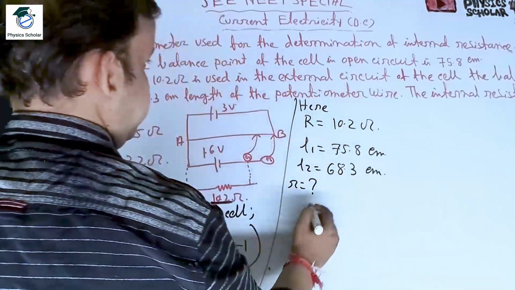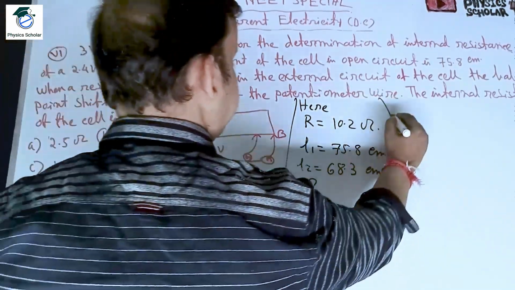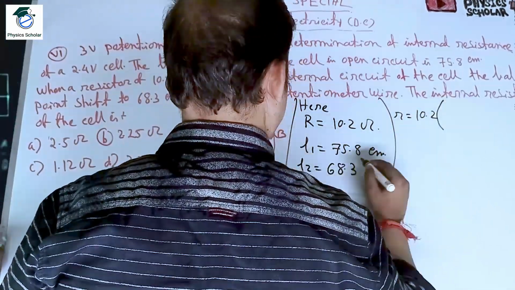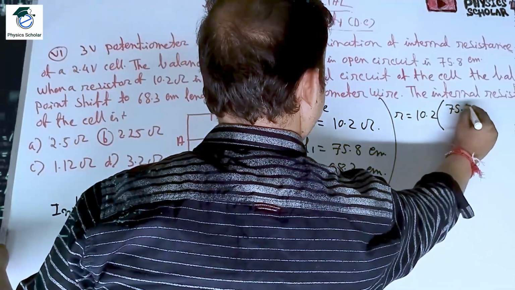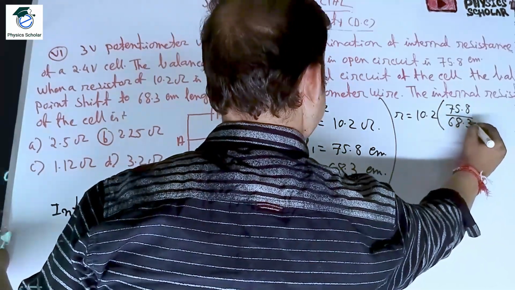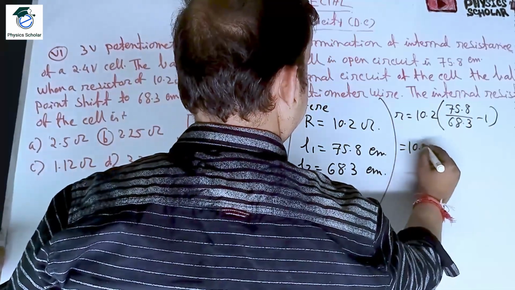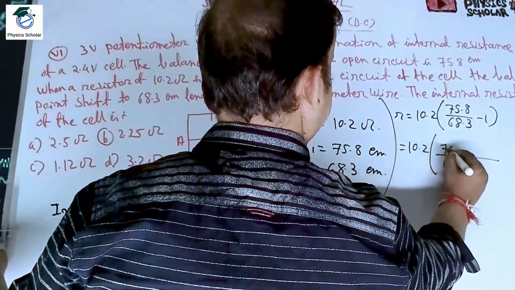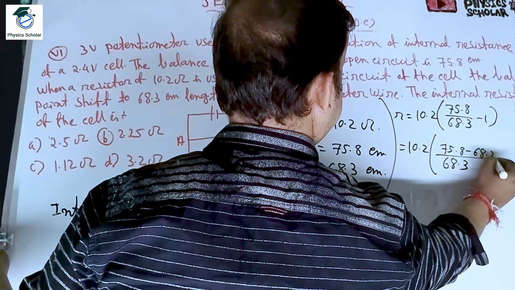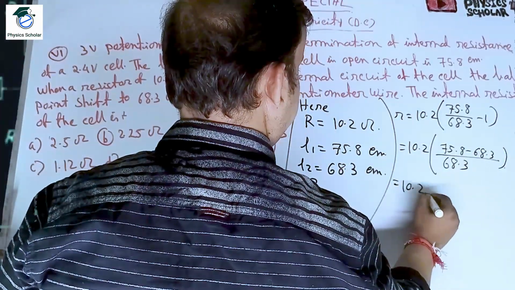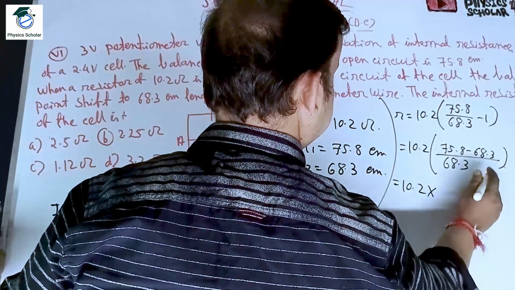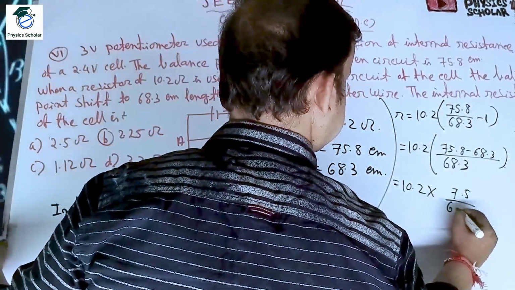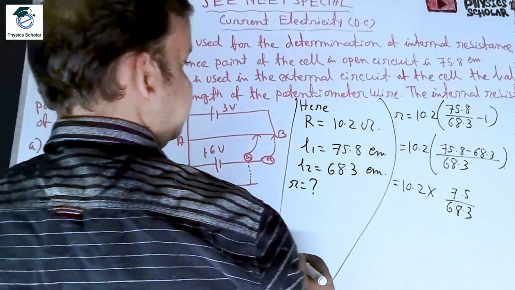So very easy. Small r is equal to capital R, 10.2, into L1 by L2 minus 1, that is 75.8 by 68.3 minus 1. So 68.3 will be the LCM. Then 75.8 minus 68.3, that is 7.5 by 68.3. So 10.2 into 7.5 by 68.3.